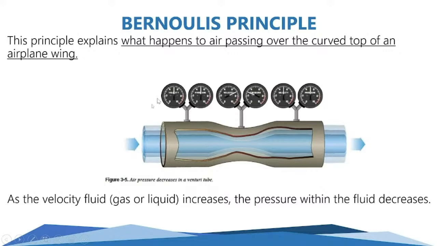What we can see from these gauges at the top is that as the air enters, the velocity and the pressure remain constant. When that air goes through the venturi portion of the tube, the velocity increases and the pressure decreases within this section. Then when it goes out the back end, the velocity and the pressure are basically equalized. As the velocity of the air increases, the pressure within the fluid decreases.